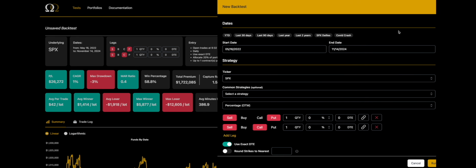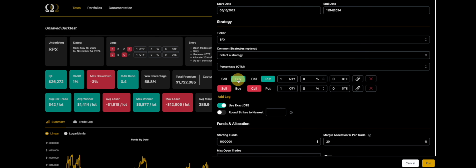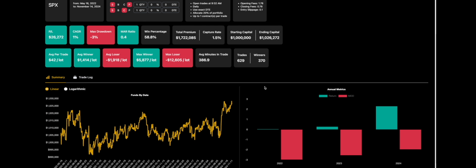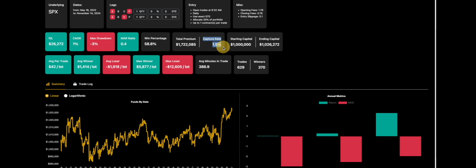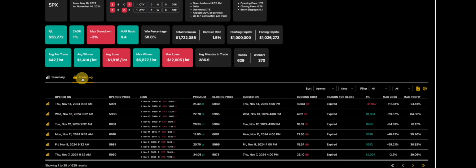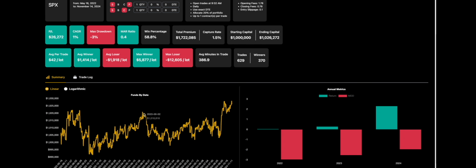Let's do the inverse of that. We're going to stick with 1 contract and just buy premium. Before I do that, though, let me show this is exactly what you would expect, right? The smartest minds in the world, the best algos, the best technology go into pricing options. So this is exactly what you would expect: a really tiny edge that would have pretty ugly drawdowns at times, maybe when you have a couple days in a row where you get absolutely blown out.